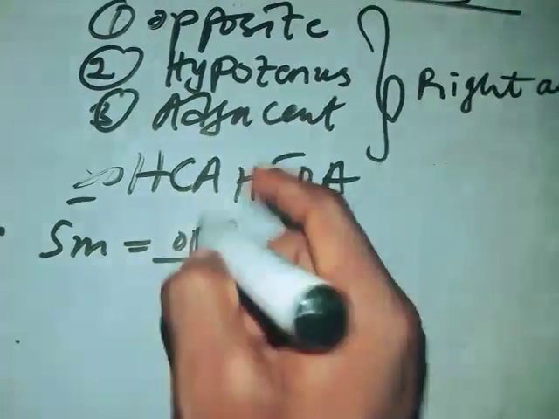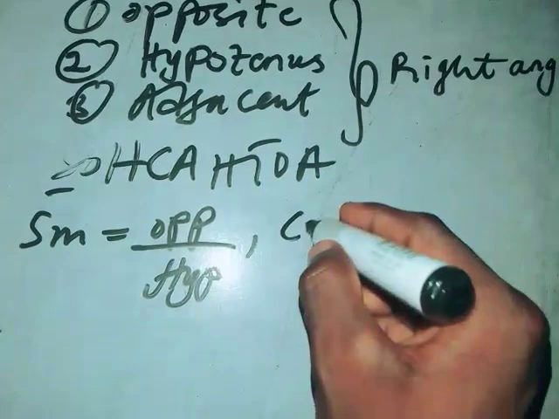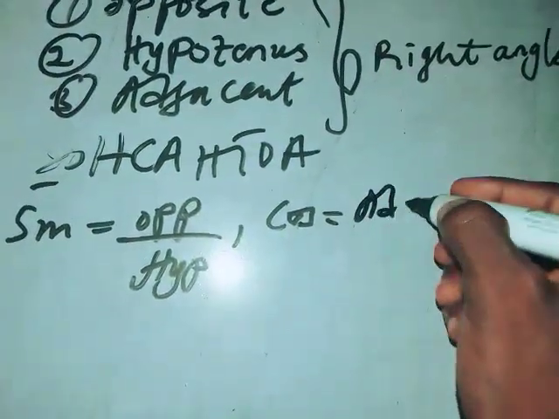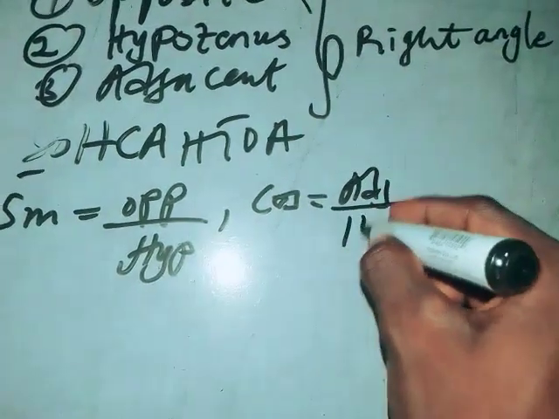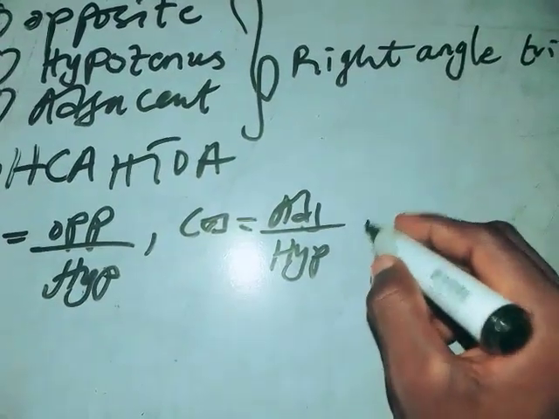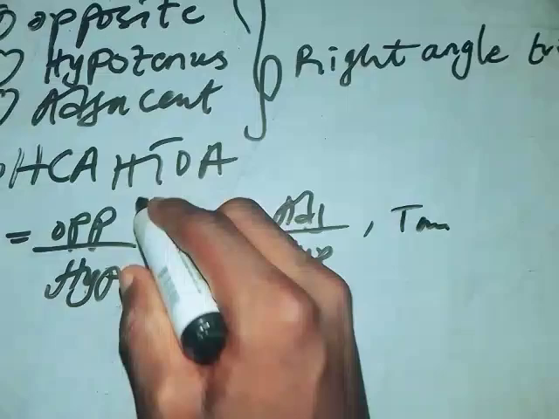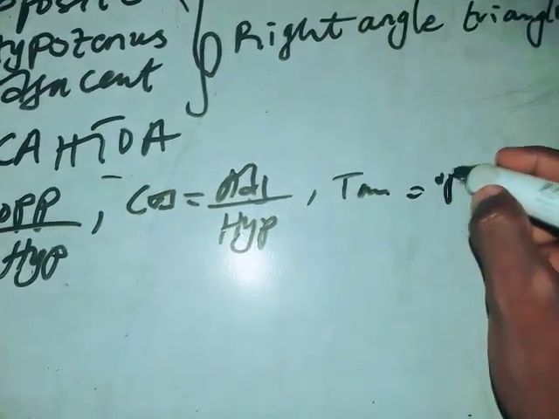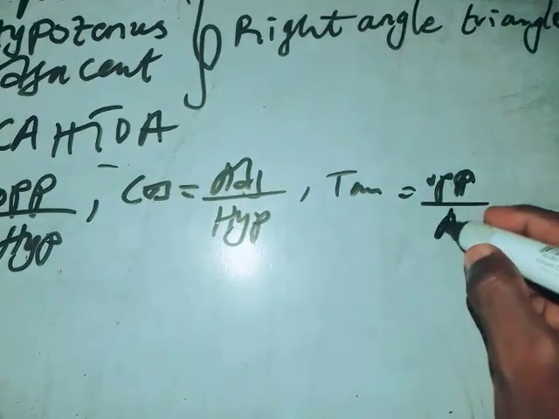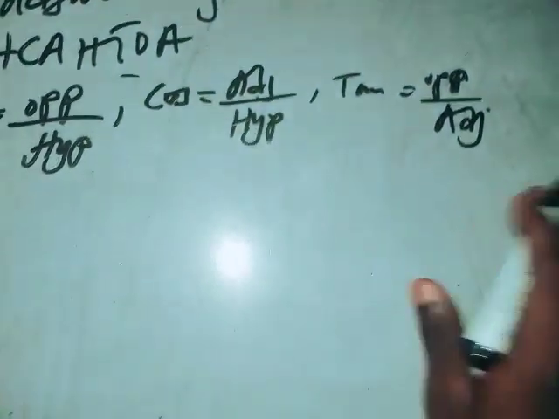Now C stands for cos, which is equal to adjacent all over hypotenuse. Now we have the last one, T, which stands for tan, which is equal to opposite all over adjacent. Alright, are you with me?